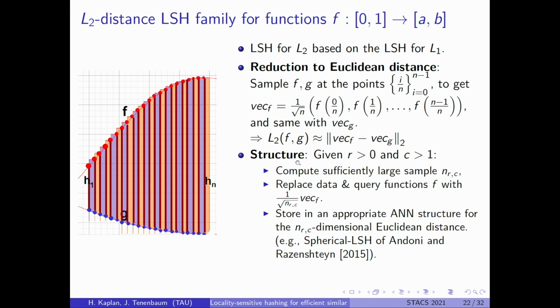This gives a straightforward structure that given R and C, we first compute a sufficiently large sample size n_RC, then we replace each data and query function f with a quantized vector form, and then we store and query all functions using an approximate near neighbor structure for the n_RC dimensional Euclidean distance. We use, for example, the spherical LSH of Andoni and Razenshteyn.